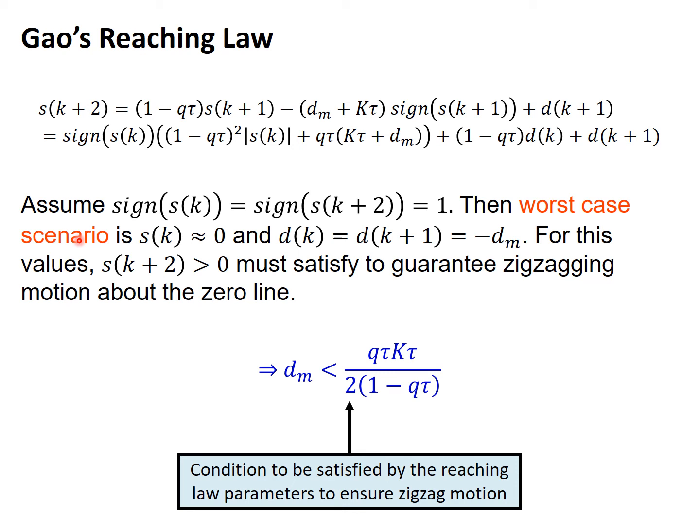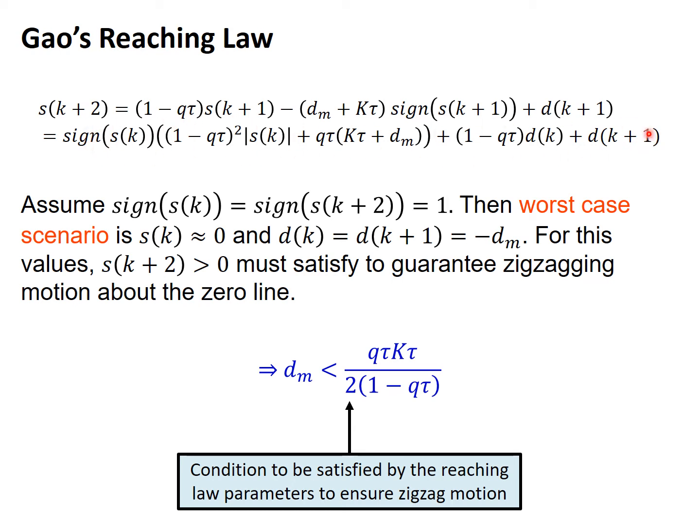So assuming that sk is positive, we will try to make sk plus 2 as small as possible. Suppose we even try to make it negative, but still it will be positive. That is the thing. So we will take the least values possible in this RHS.